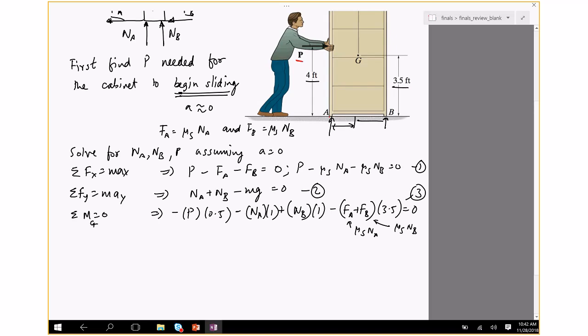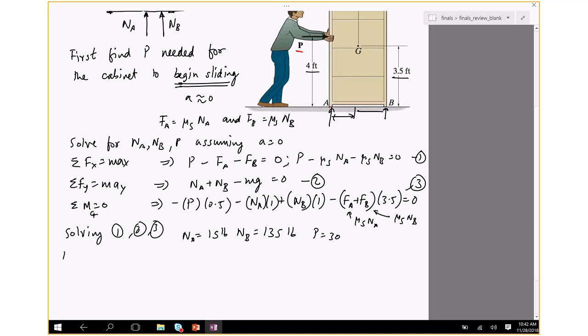So equations 1, 2, and 3 are three equations involving three unknowns, P, NA, and NB. You can solve for those three. Solving 1, 2, 3 gives me NA equals 15, NB equals 135 pounds, and P equals 30.